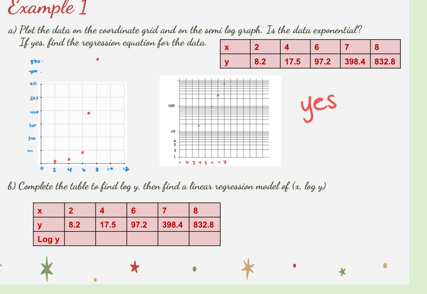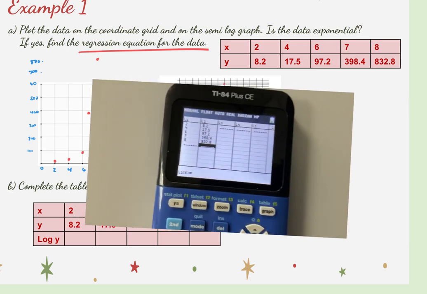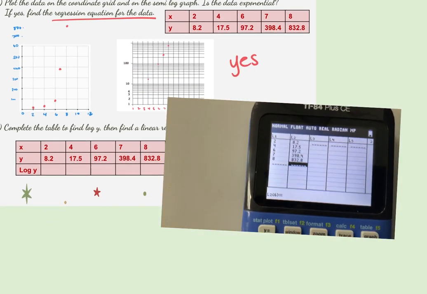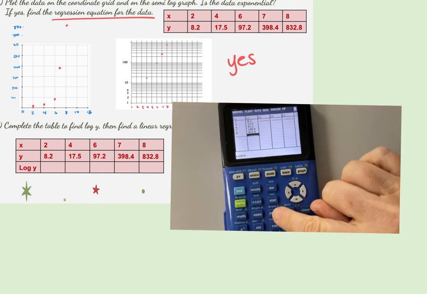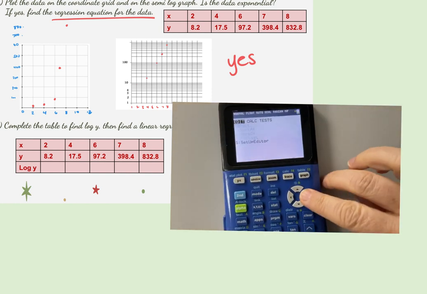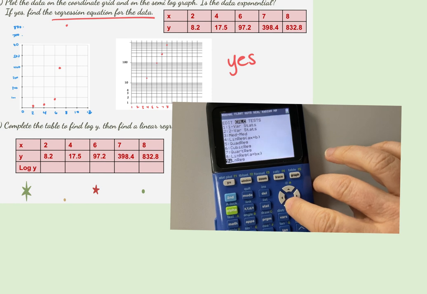Now, when it says to find the regression equation for the data, what kind of equation are we finding? Exponential. So we're going to enter in our points into our stat plot, and then we're going to find an exponential regression. All right, so I entered in the information into the stat plot, and then I'm going to create a regression that is exponential. So stat, go to exponential.